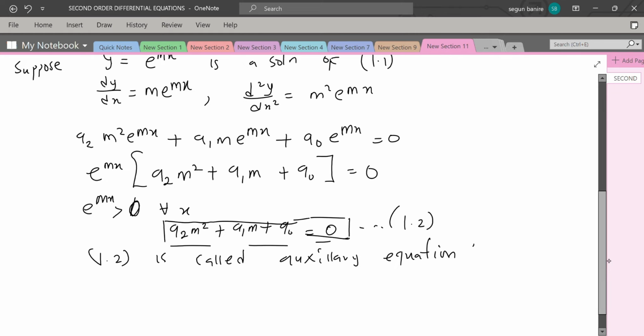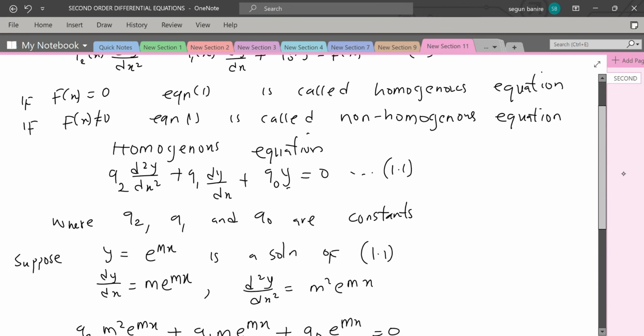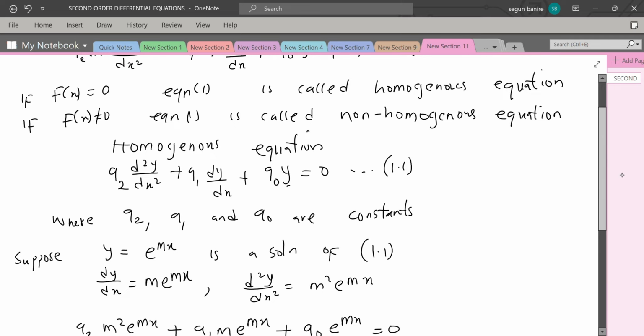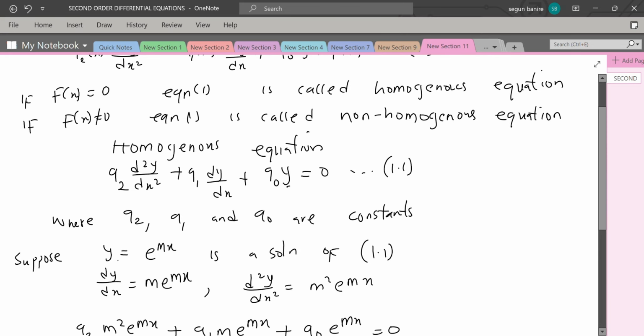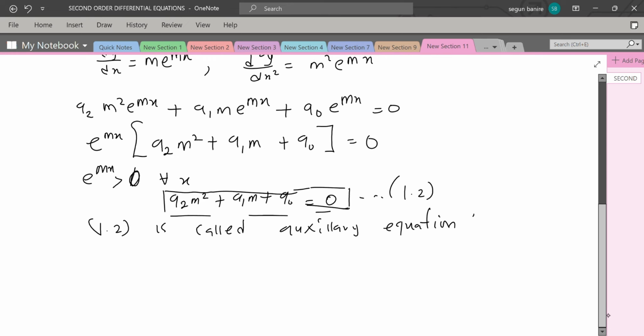Because we are solving a second order differential equation, we are meant to get two solutions. The one we did now is just one solution; we can call it y1. There is still another solution, which is y2.